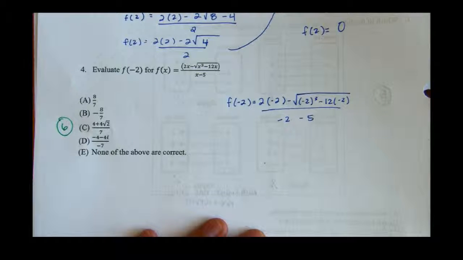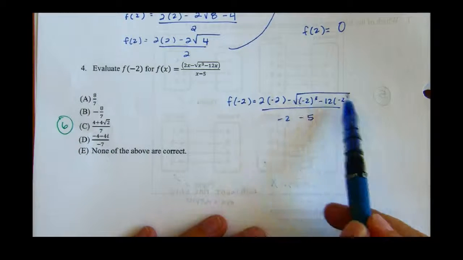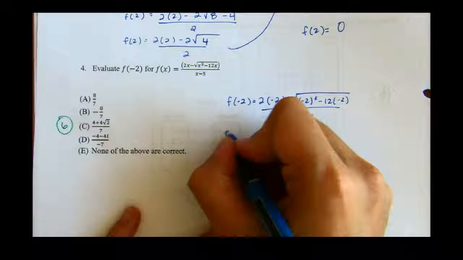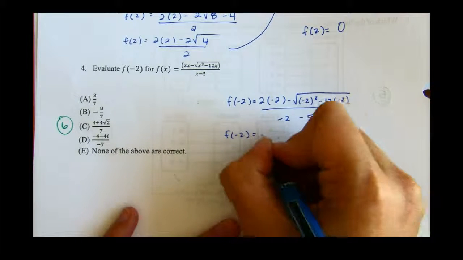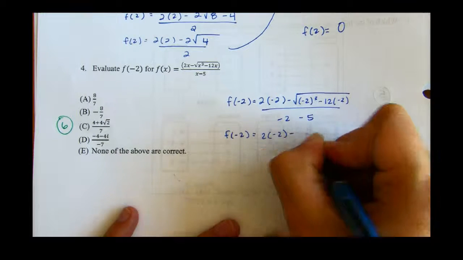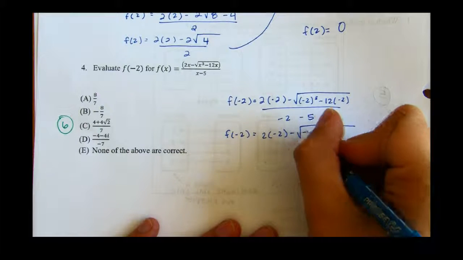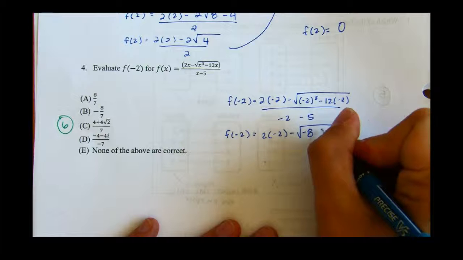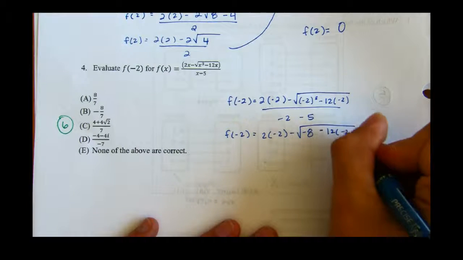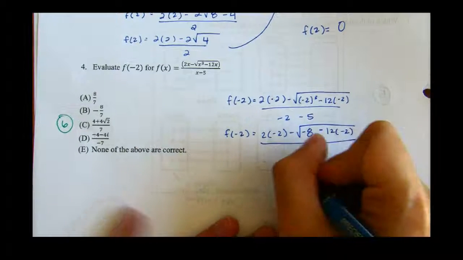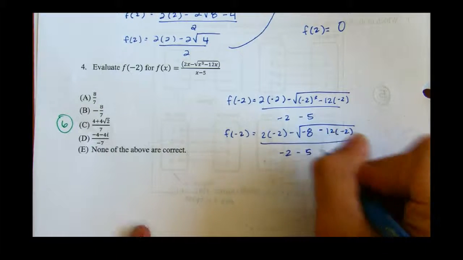Okay, so again, just like the last one, I'm going to simplify what's inside of my square root first. F of negative 2 equals 2 times negative 2 minus the square root. Negative 2 cubed is going to give me a negative 8 minus 12 times negative 2 over negative 2 minus 5.